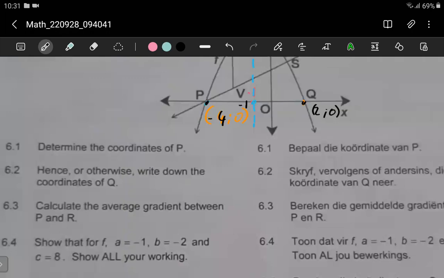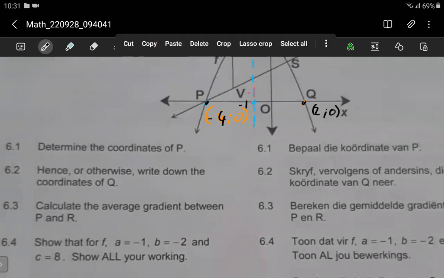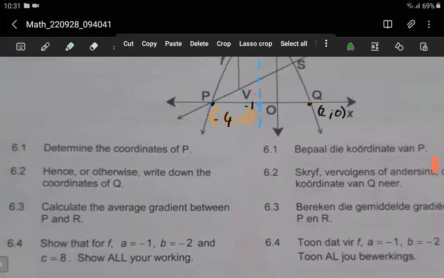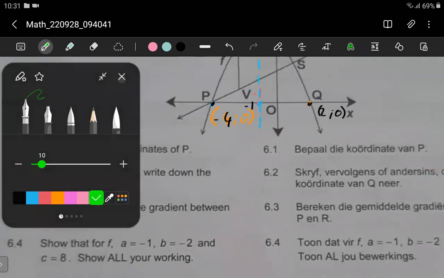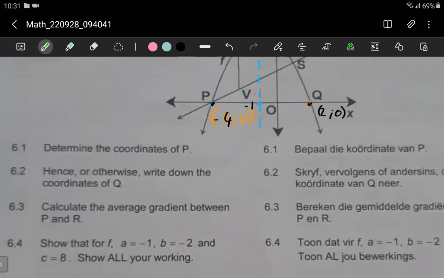I don't want to just say minus 1 to -3 is 3, and then plus 3 is 2 because parabola. I want to know a specific structure to write it down so I don't lose any marks.